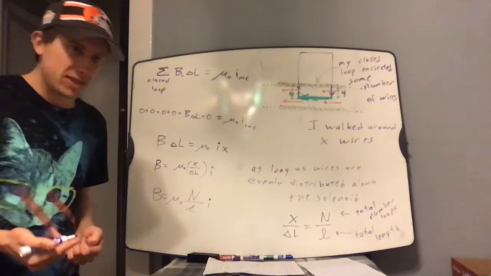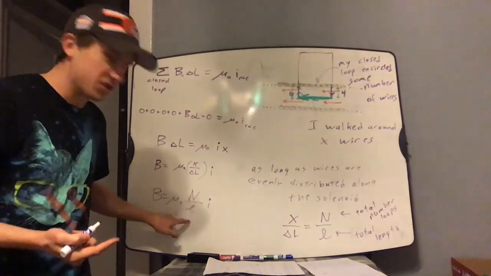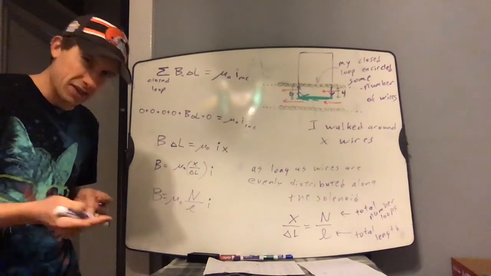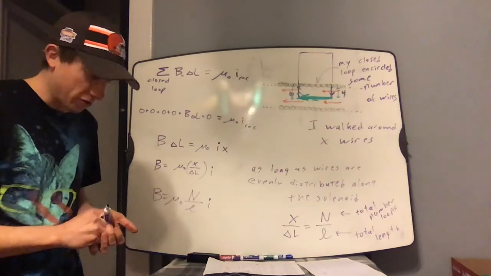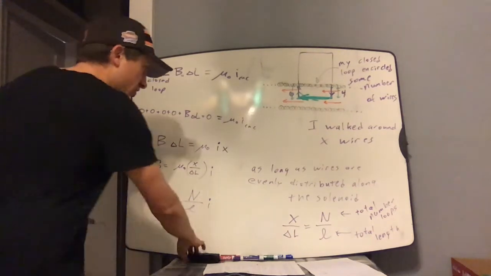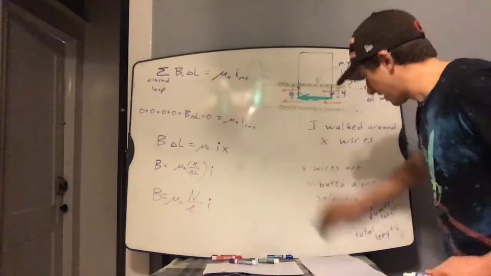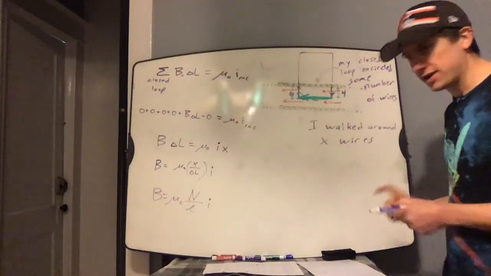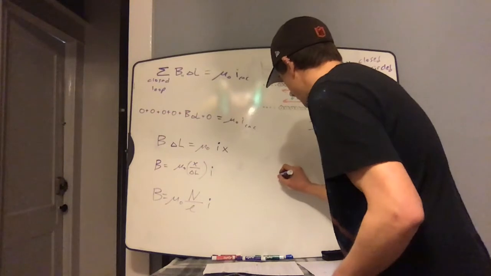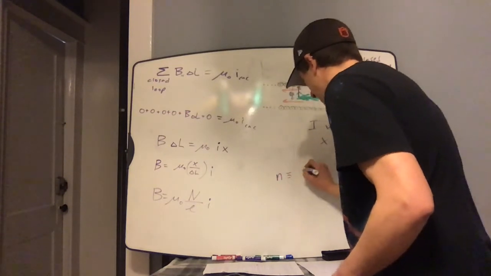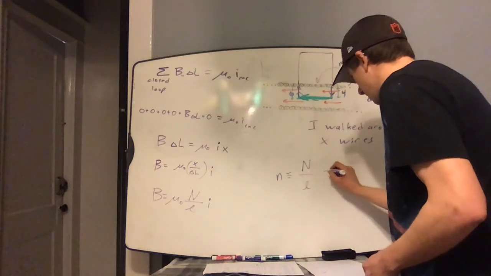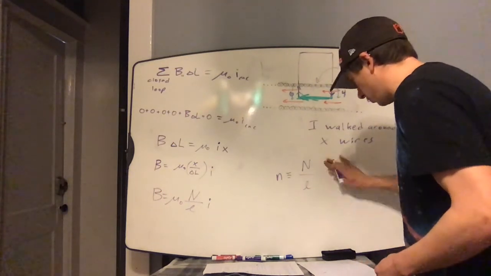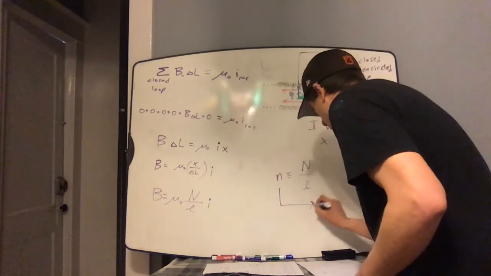Now sometimes if I think total number of wires divided by total length, I could think of that as a density of wires, how densely the wires are packed together. So if I define a new quantity, little n, to be big N over L, then little n is the number of wires per unit length.